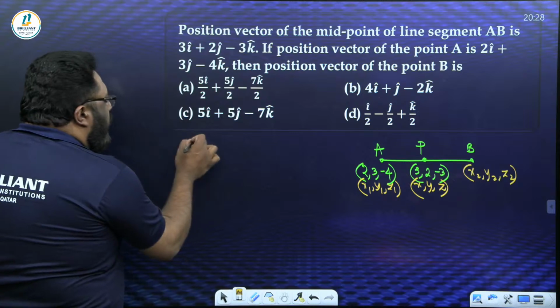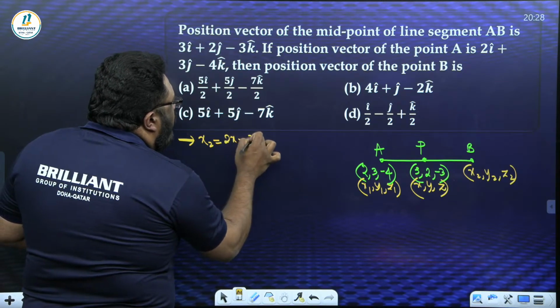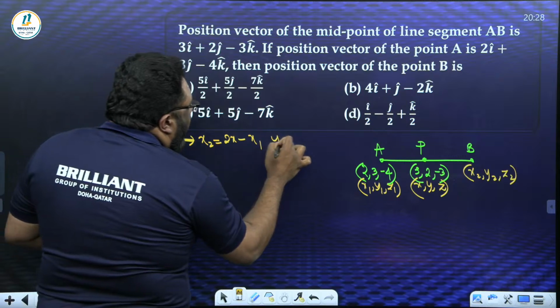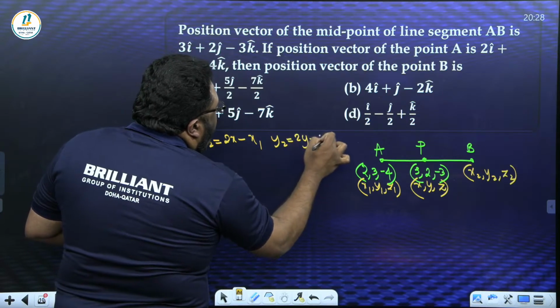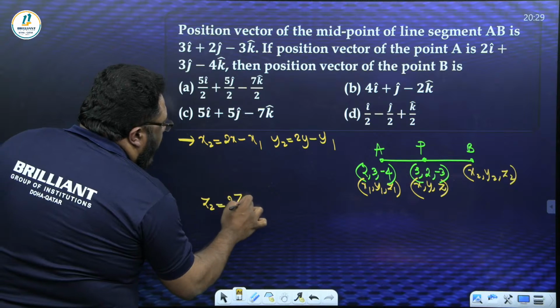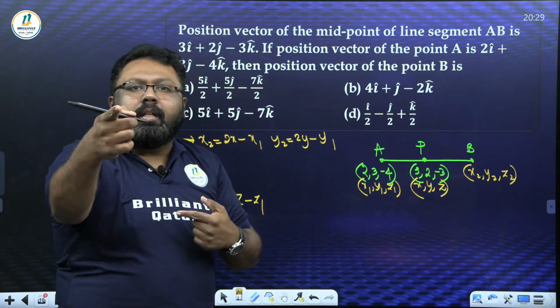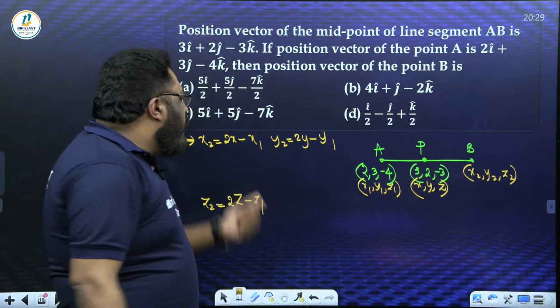Using that logic, I can directly say that x2 is simply 2x minus x1, y2 is simply 2y minus y1, and z2 is simply 2z minus z1. I can rewrite the midpoint formula to use this logic.